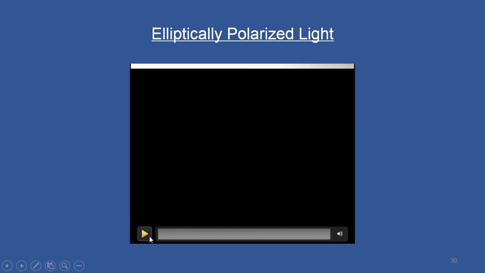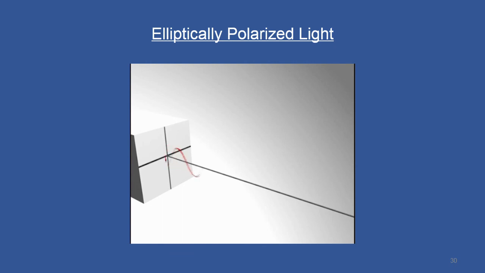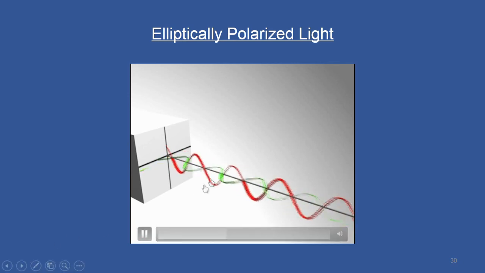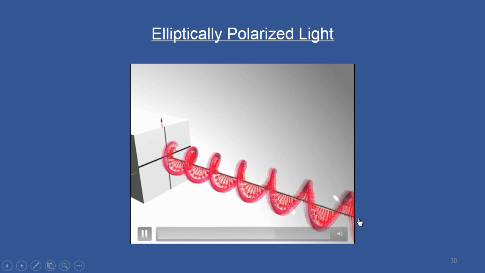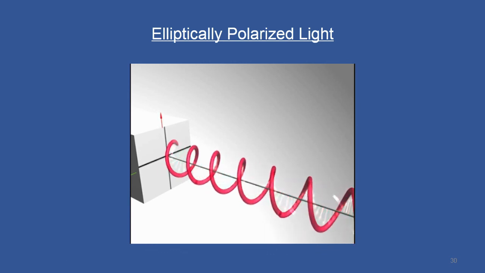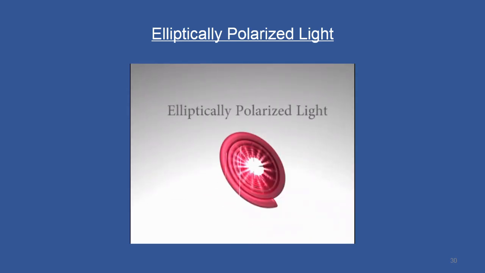Let me now run this schematic animation. You can see that if you assume this is one wave plane polarized in one plane, the other one is a plane wave which is perpendicularly polarized. If the phase shift happens dynamically between these two, then you can see that elliptically polarized light is possible.